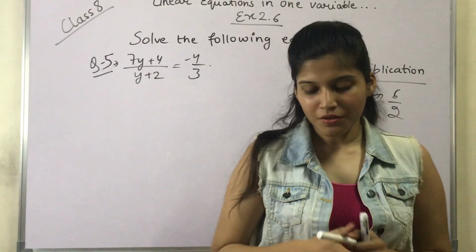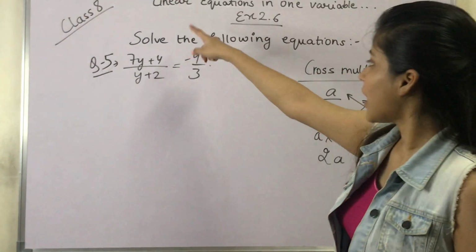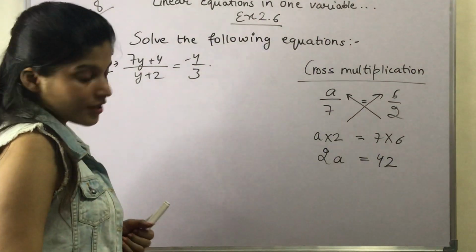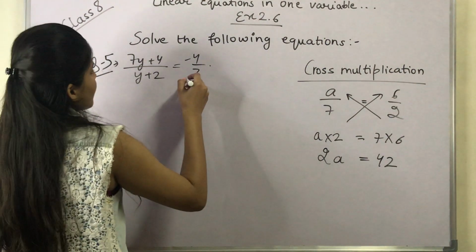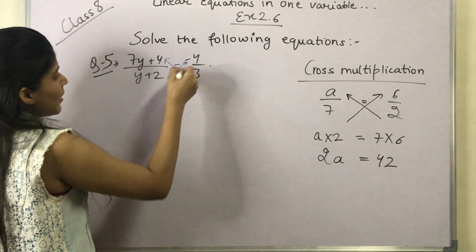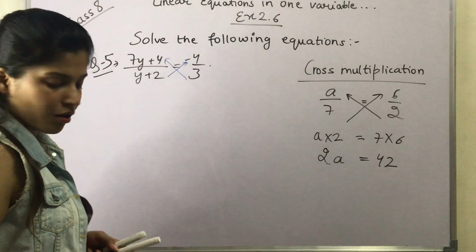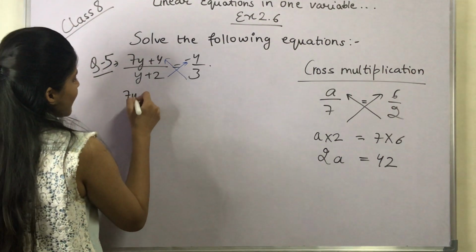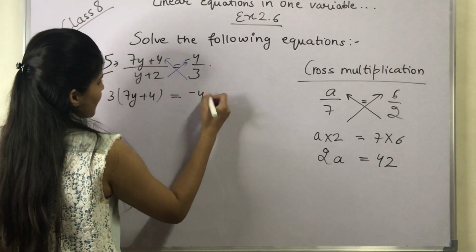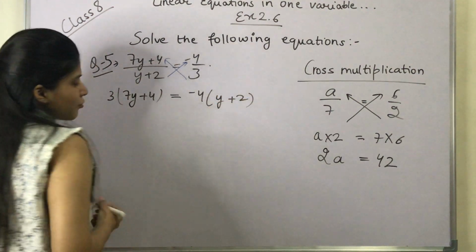So this is our equation for question number 5. Again we have to solve the following equation. So again we will cross multiply, and cross multiplication will be 7y plus 4 into 3 and y plus 2 into minus 4.